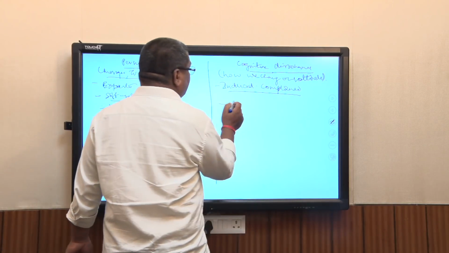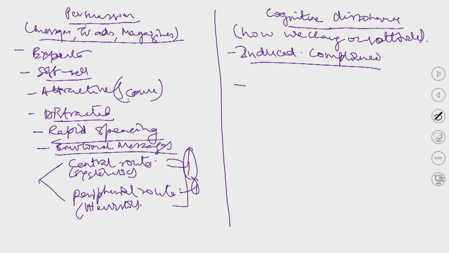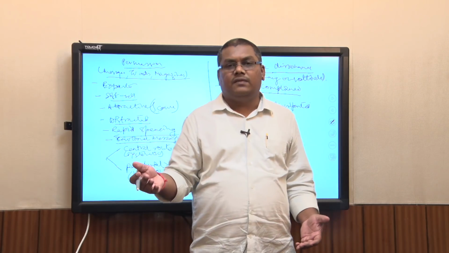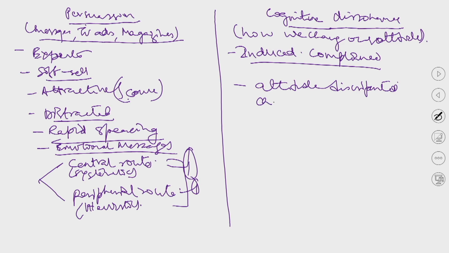Once this induced compliance happens, we get involved in something called attitude discrepant behavior. Attitude discrepancy, because you believe something, once you do this induced compliance, you do something which is against your attitude, which is against your belief, and that leads to the change in attitude.